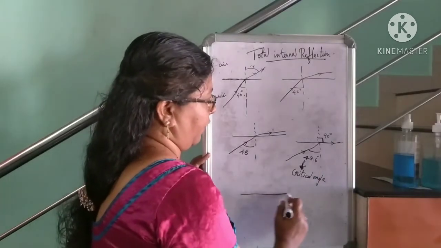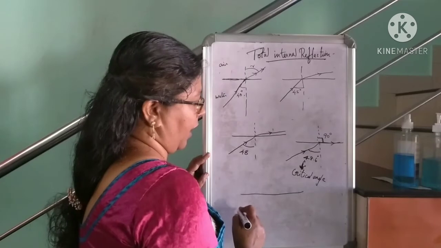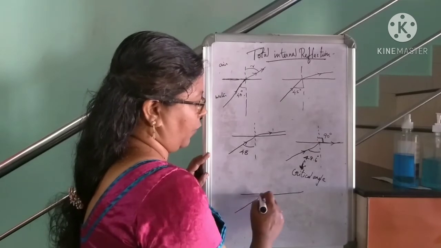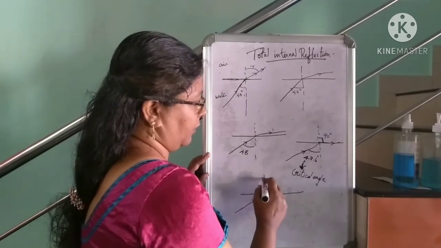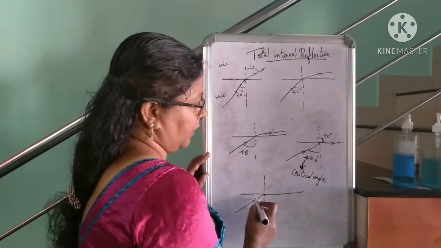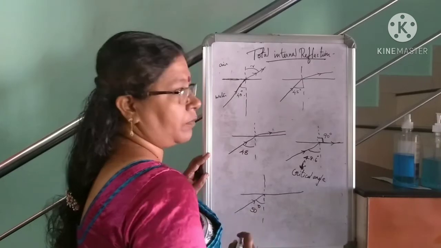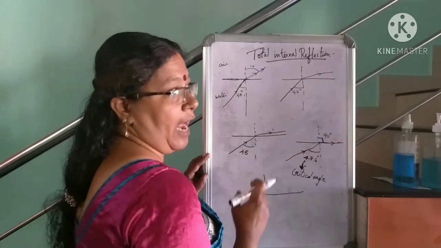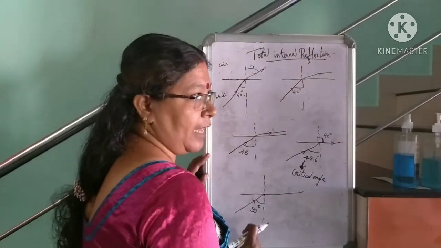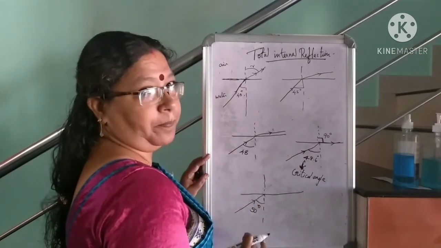Suppose, see here, we are again drawing a ray of light falling. This is the normal. Suppose this angle is 50 degrees. 50 degrees means the angle of incidence is greater than the critical angle.